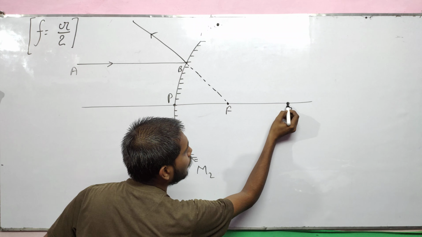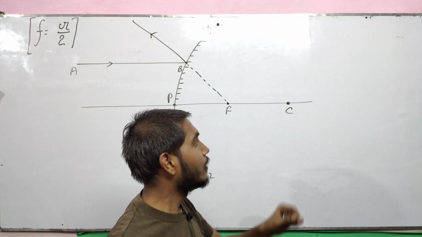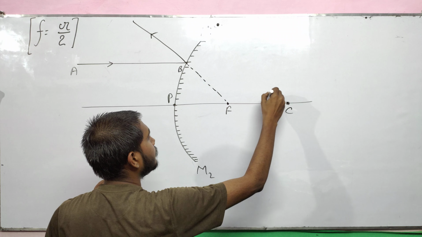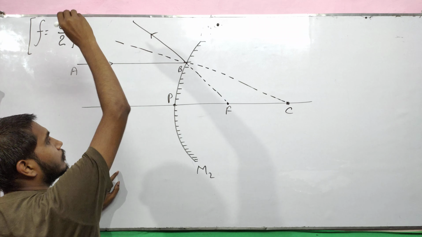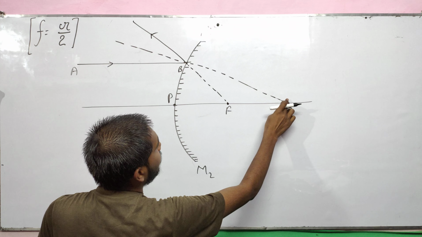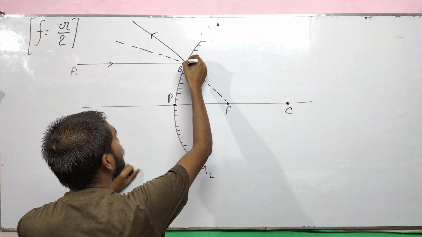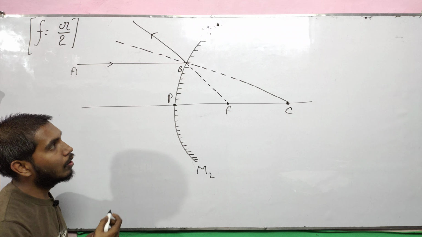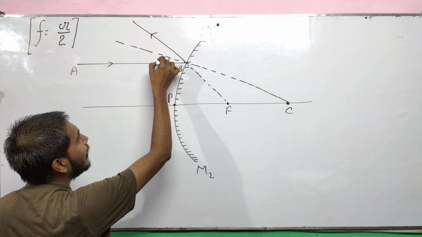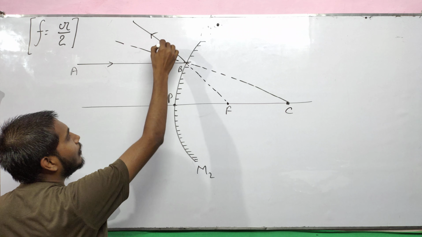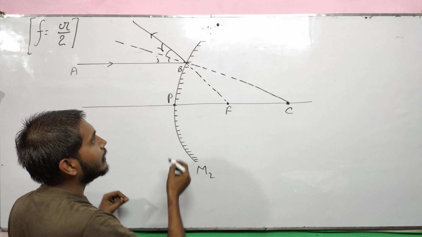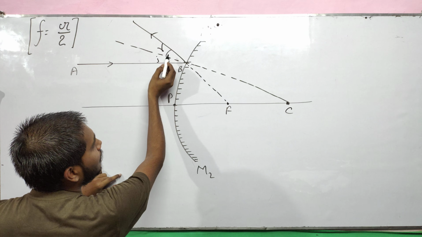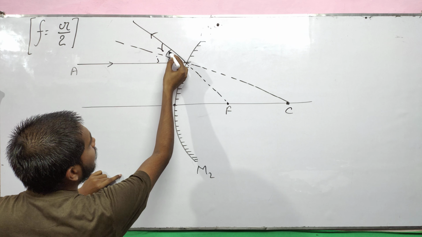Now we draw the normal, that is, join C to B. This line represents the normal. Now this is the angle of incidence and the angle of reflection. If this is I and this is the angle of reflection R.